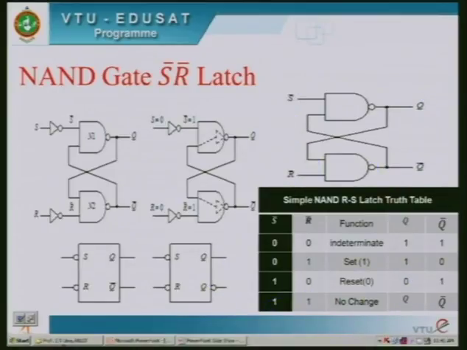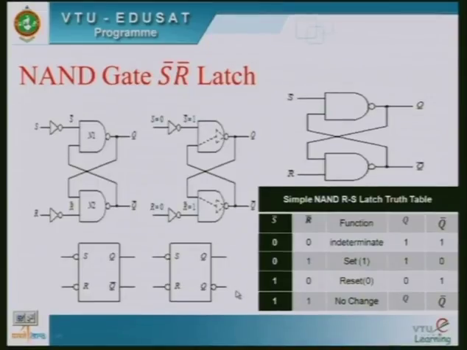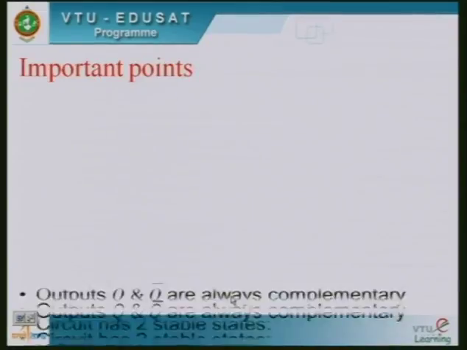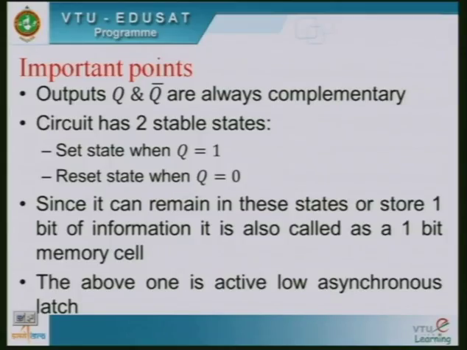Now, the important points about this, always remember outputs Q and Q bar are complementary to each other. The circuit will always have two stable states. One is the set state when Q is high, the other is the reset state when Q is 0.